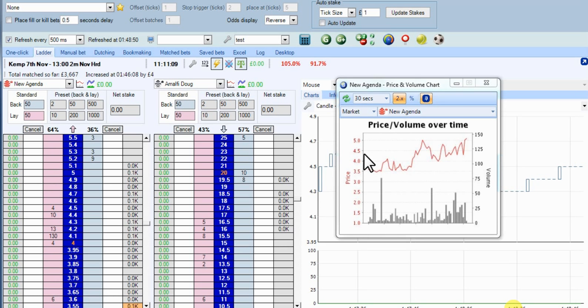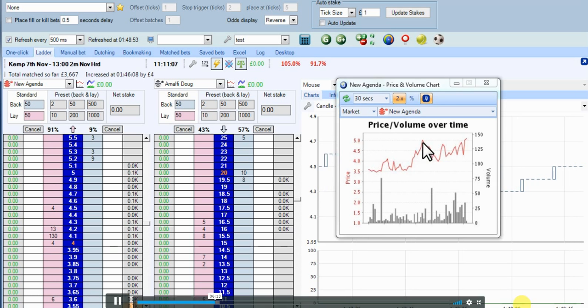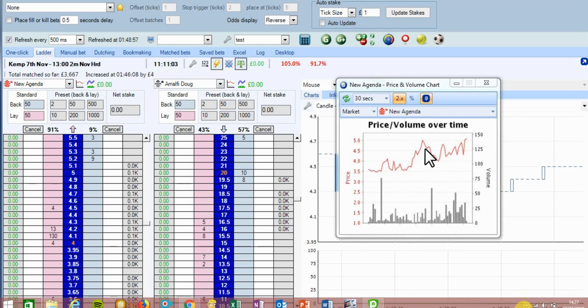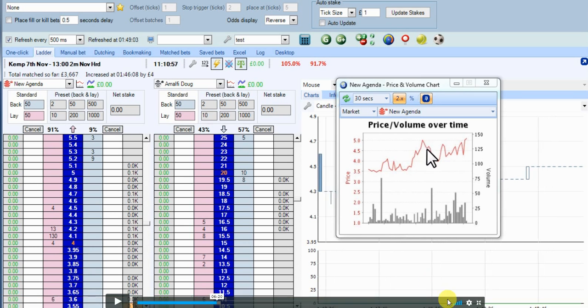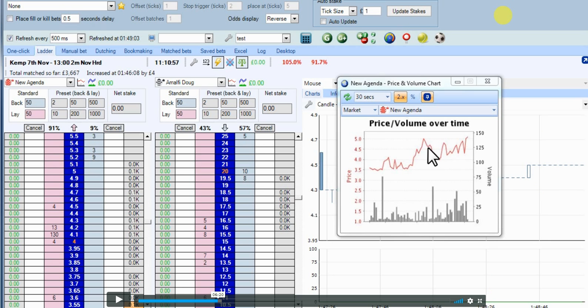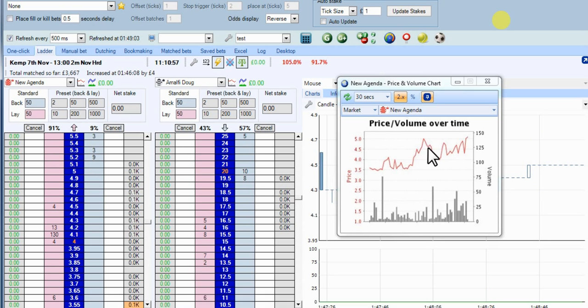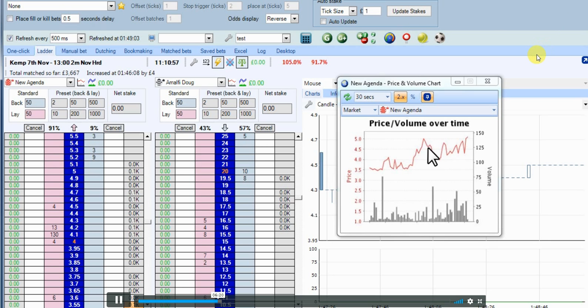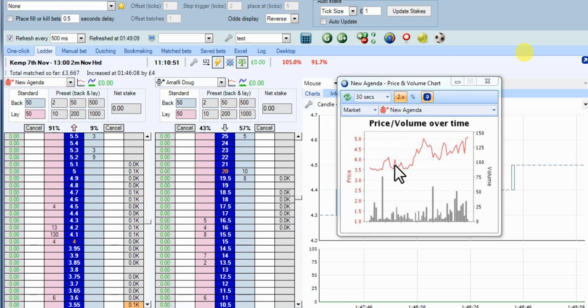So let's say, for example, it reached a point of 5.0, which it did. As soon as it reached, say, 4.8, I would have looked at placing the back bet, and then maybe it reached 4.6 or 4.5, then I would have placed the lay bet and made the profit in between those two price points.